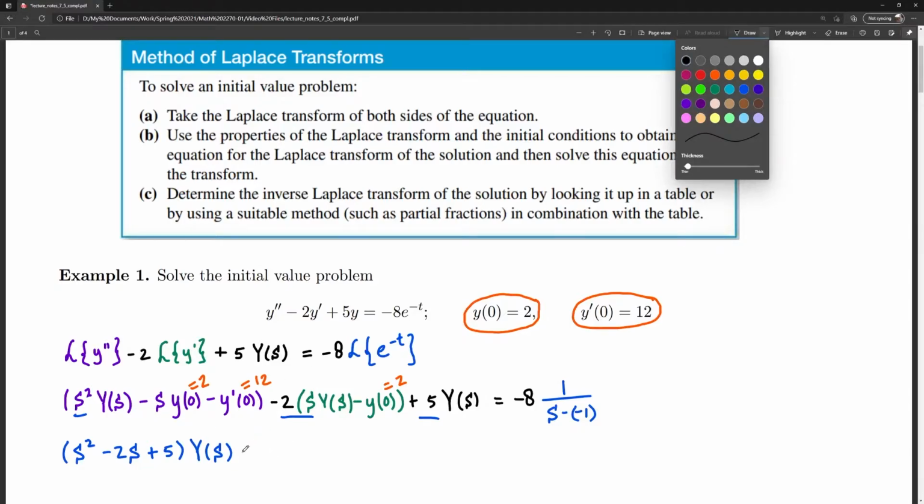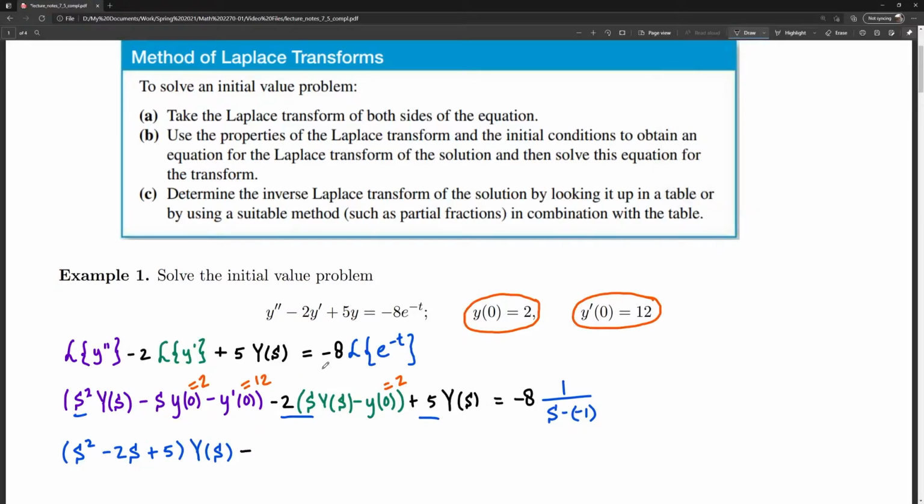So I have minus 2s, that's this one right here. And then I have minus 12, that's this part right here. And then I have plus 2 times 2, which is plus 4. And that is equal to negative 8 over s plus 1.